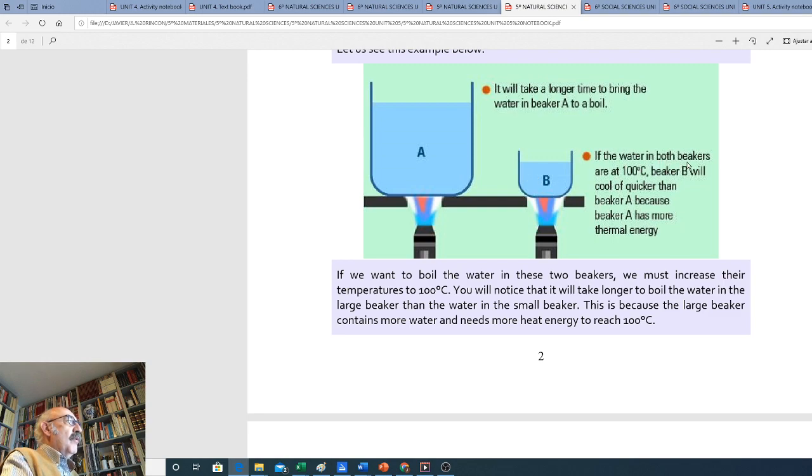If the water in both beakers is at 100 Celsius degrees, beaker B will cool off quicker than beaker A because beaker A has more thermal energy. As here we can find more thermal energy. That's the reason why this beaker will cool down slower than in this case.